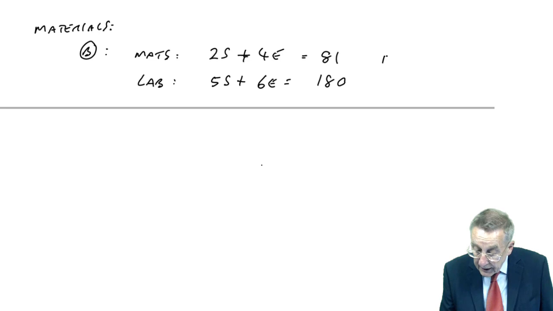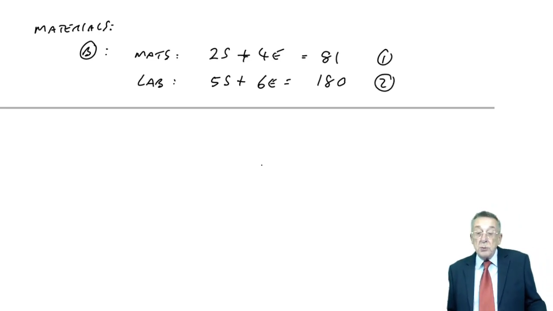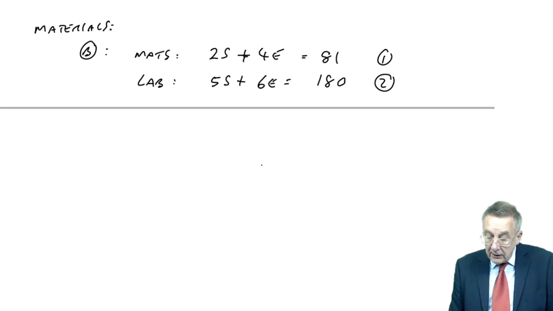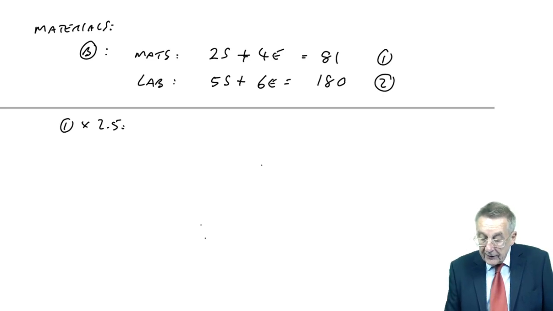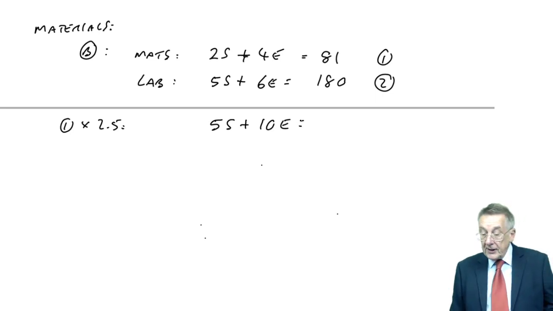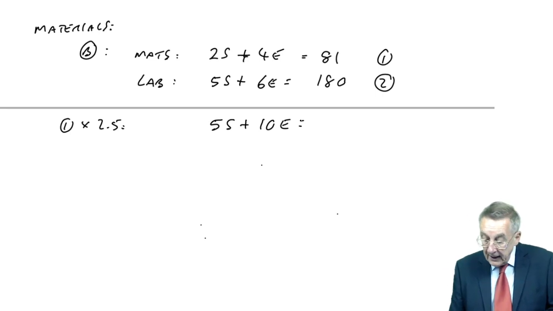So again, we solve them together. Same way as before, or if you do it a different way, no problem. To solve together, I'll multiply again the first equation by 2.5 all the way through. So 2.5 times 2 is 5s, 2.5 times 4 is 10e, 2.5 times 81 is 202.5.